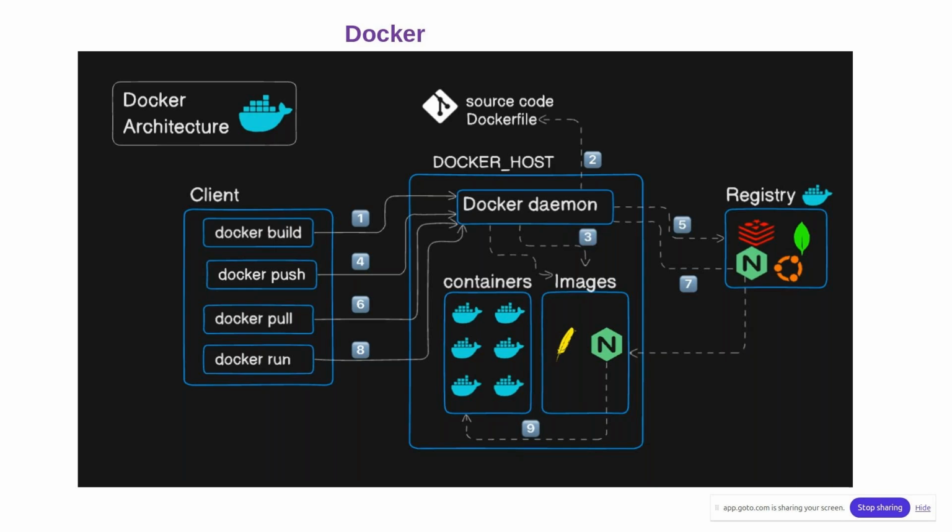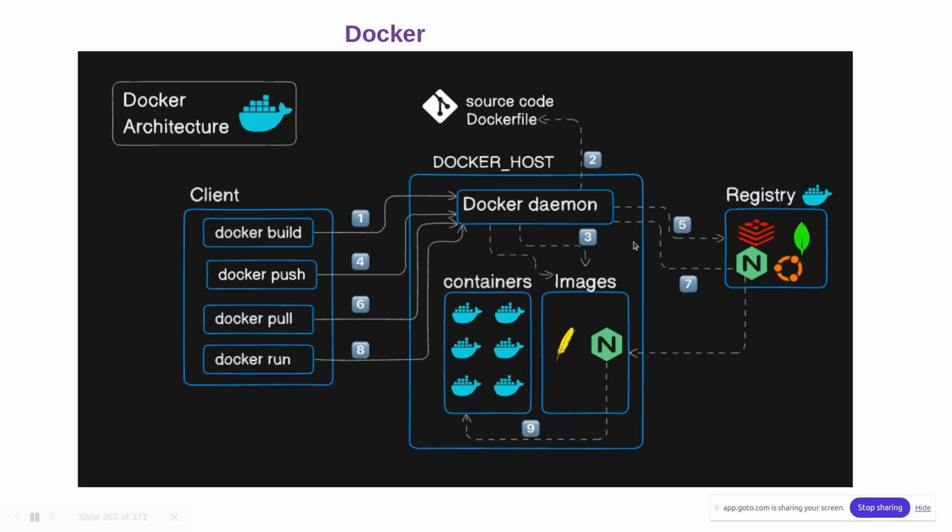In Azure it is ACR. If you go for Google, that is GCR, Google Container Registry. These are for storing Docker images, right?